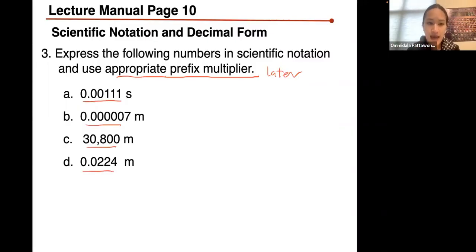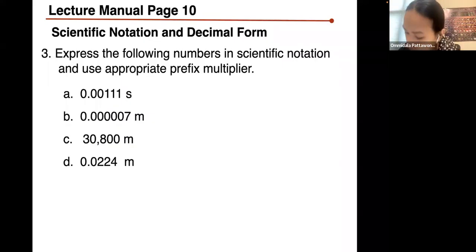So in this case, I'm going to do the same thing here. We have the decimal place. For scientific notation, you need to move it so that it's going to be after the first non-zero digit. So in this case, I'm going to move all the way to here, right after that. So my reported number would be 1.11 times 10 to how many times that you move?